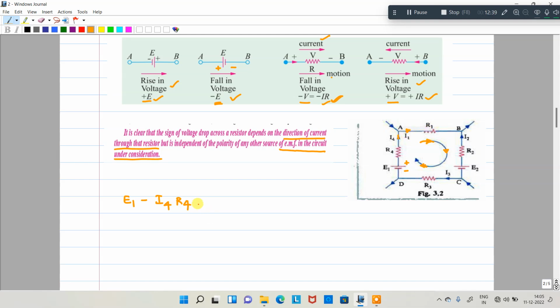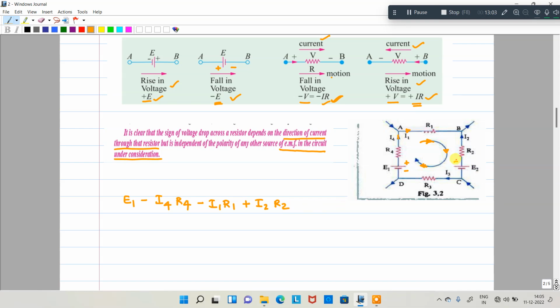So it is minus I1 into R1. Next, coming to here, this motion arrow direction is opposite, so it is a rise in voltage, plus I2 into R2.